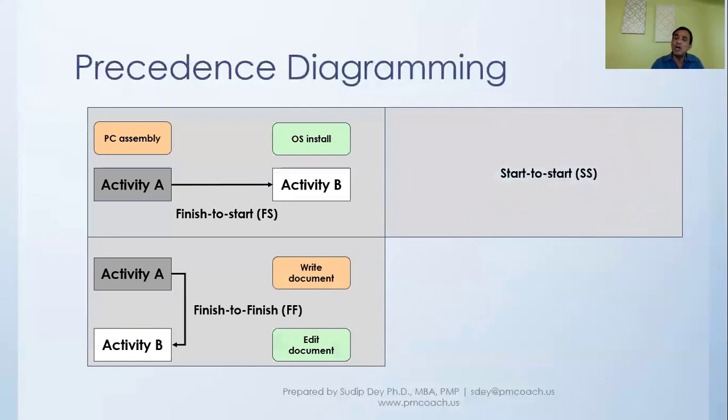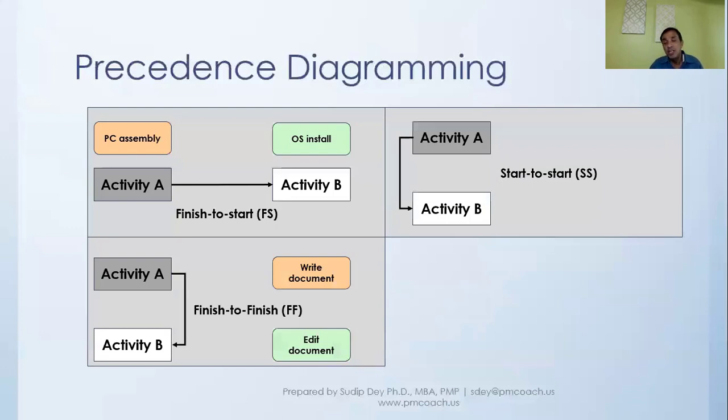Then there is the start to start relationship, which really says activity B can start only after activity A has started. And then after that, activity B can even finish before activity A. It doesn't matter. But activity B can start only after activity A has started.